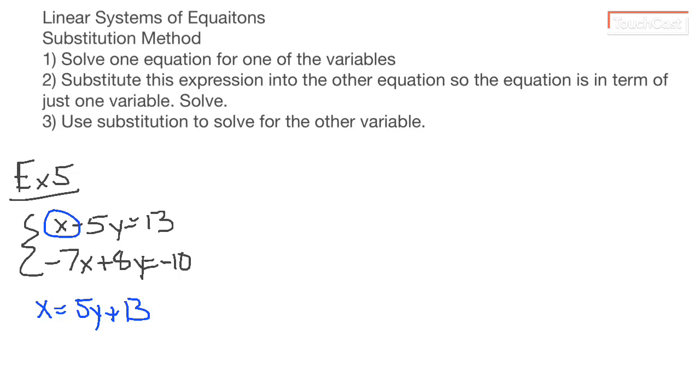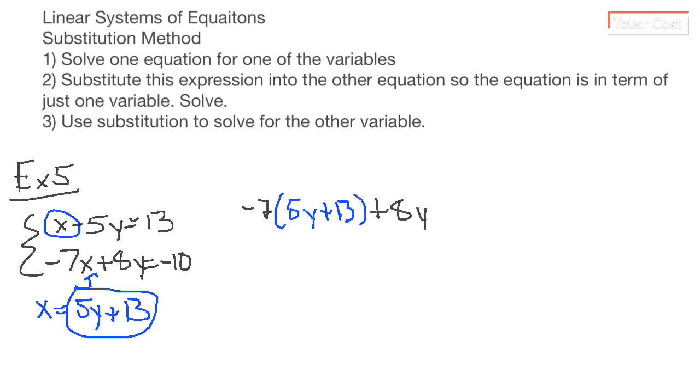Now we're going to take that 5y plus 13 and put it in for x in the other equation. So we're going to have negative 7 times (5y plus 13) plus 8y equals negative 10.